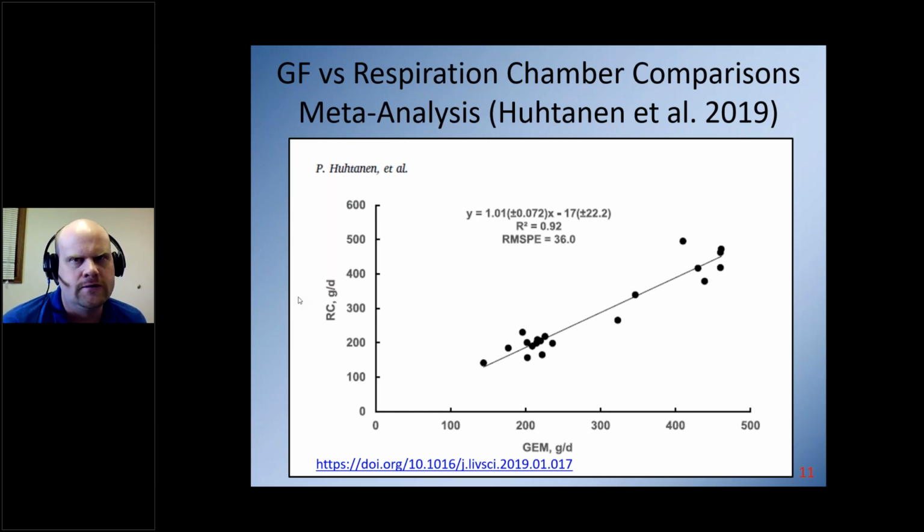For example, cattle have access to the GreenFeed in the freestall, and we measure them in the freestall with the GreenFeed. We can't really put a GreenFeed in the chamber because of recirculation effects. So we're measuring the animals at a different time. They're behaving a little bit differently in the barn environment than they are in the chamber.